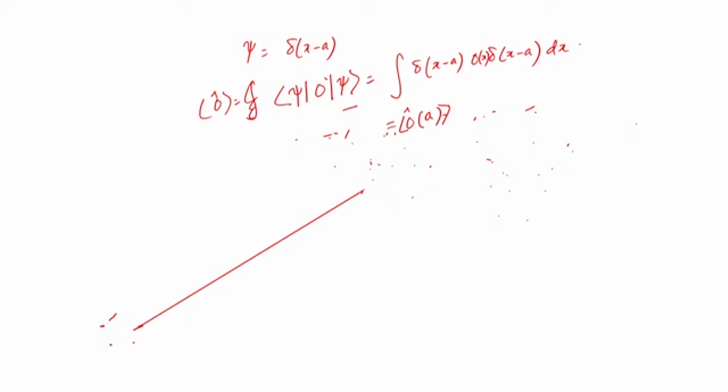But just as a clue, I might have used a relation which is the integral from minus infinity to plus infinity of delta x minus a, f of x, dx is equal to f of a. I'm sure this is one of the very usual properties of the delta function that everybody uses. So I might have used that. You just have to help me in locating where I have used this.